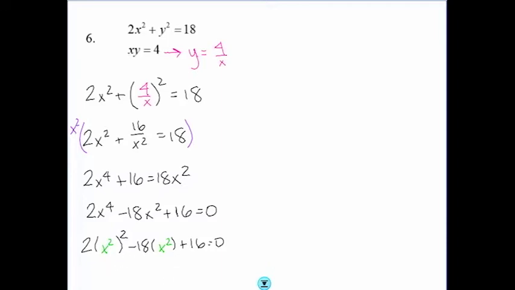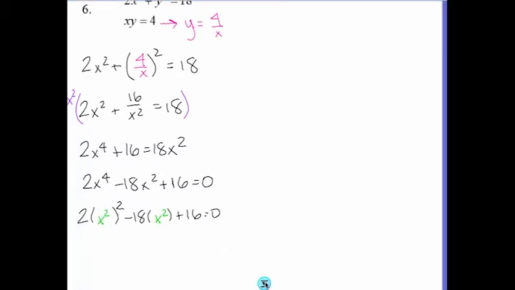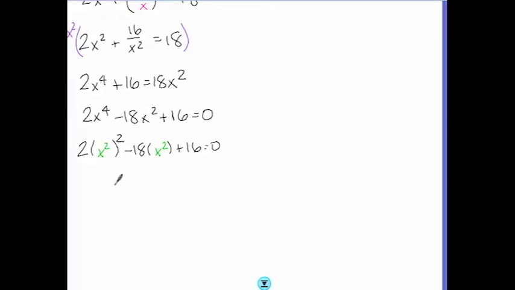So I can go ahead and factor this just like usual. I'm going to start by dividing everything by 2. So I have x squared squared minus 9x squared plus 8 equals 0.